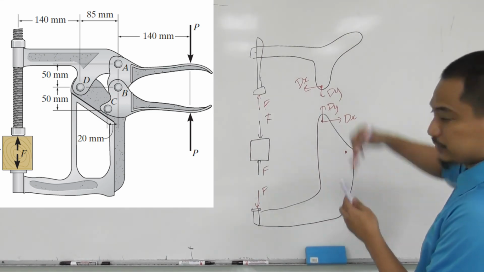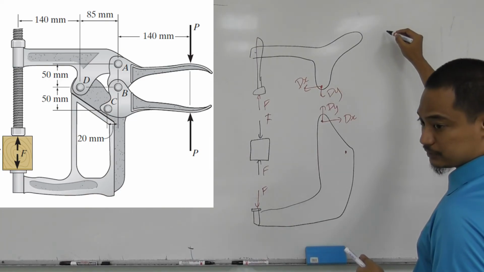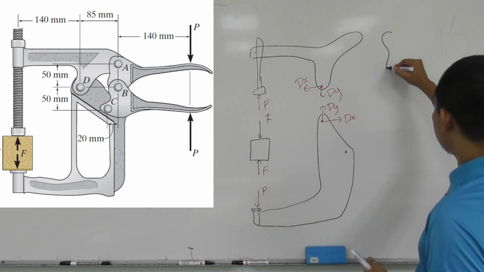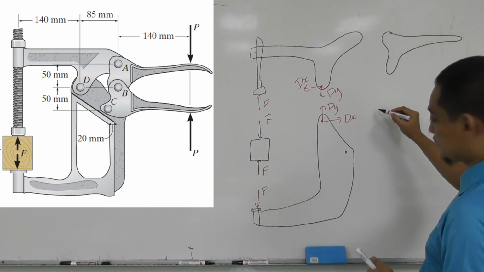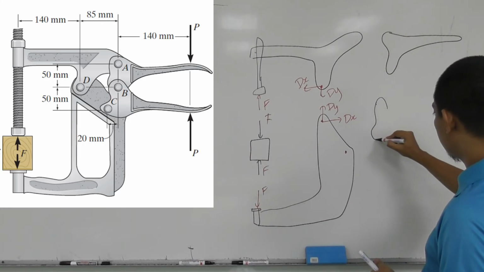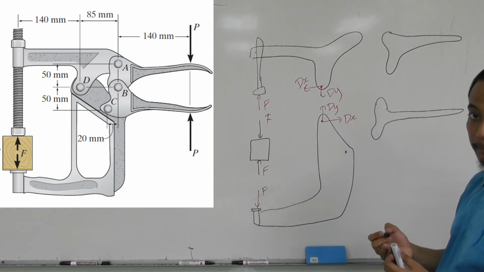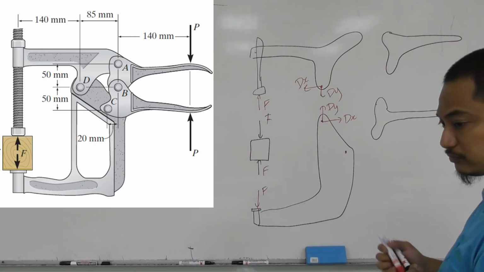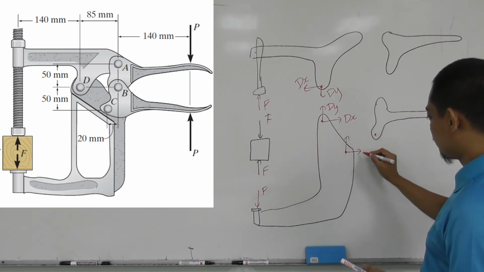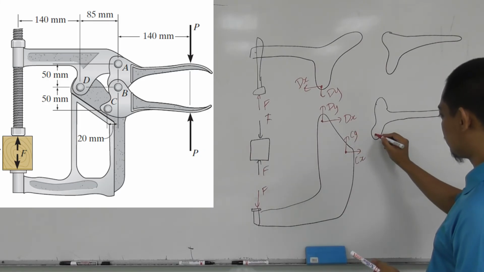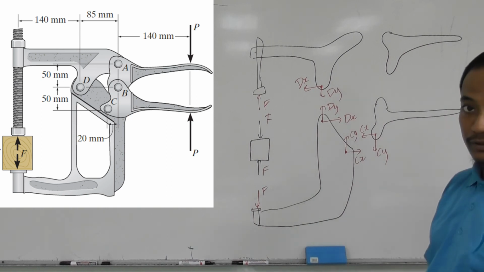Now for this point here, we'll draw the two connecting points first. Something like this, and something like that. At point C, if you assume this is Cx, Cy, then this one will be Cx, Cy, equal and opposite.